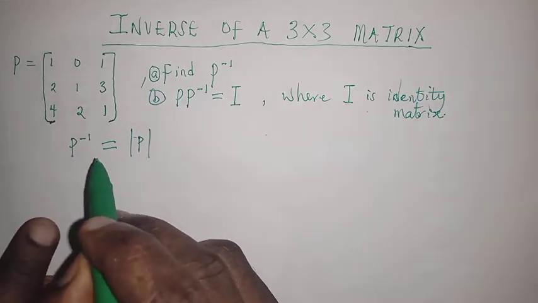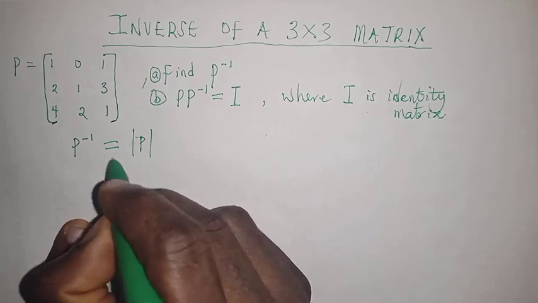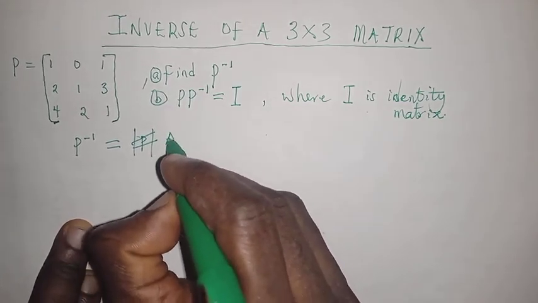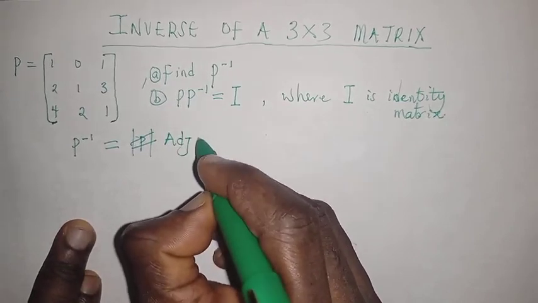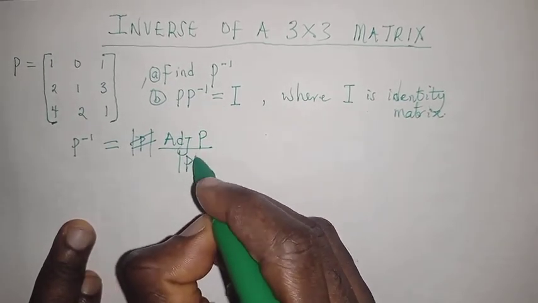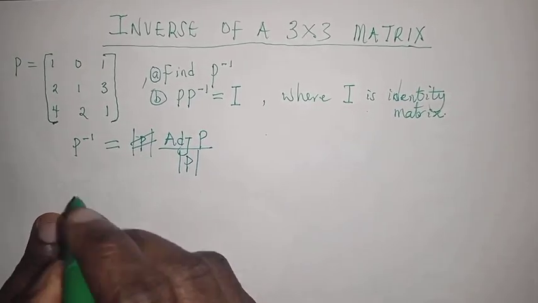So for us to get the inverse of a 3 by 3 matrix, P inverse equals the adjoint of P divided by the determinant of P. And now what is adjoint?